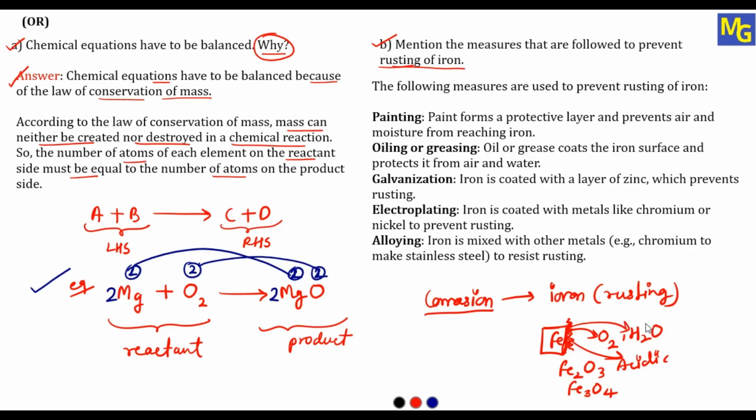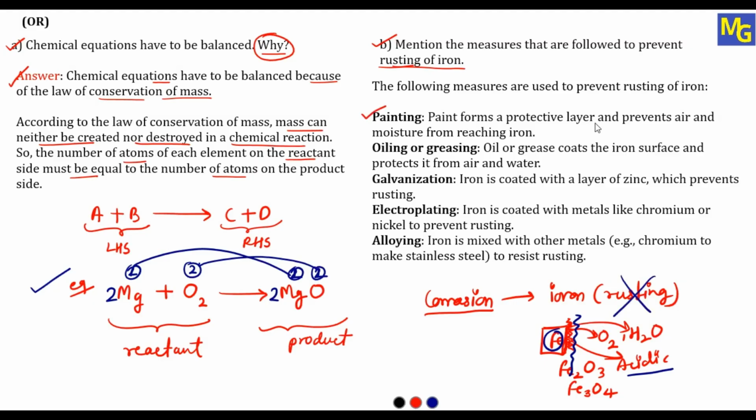So to prevent this rusting, what do you have to do? We have to avoid the contact between the iron and the oxygen, water vapor and acidic materials, nothing but the air. If you avoid the contact between the iron and the air, rusting will be avoided. Now we will see how to avoid this contact. The first method is painting.